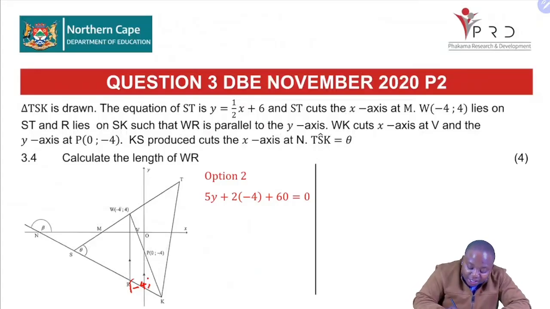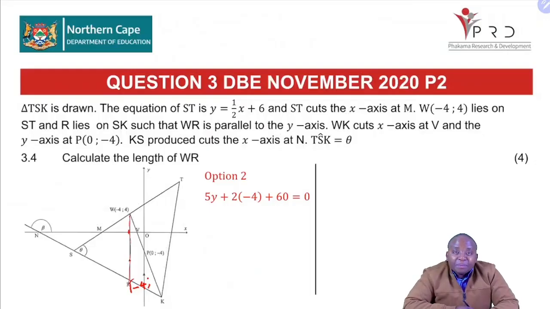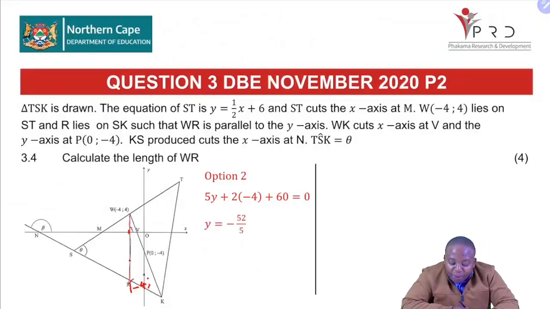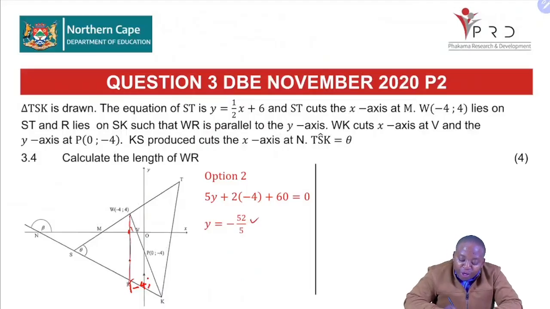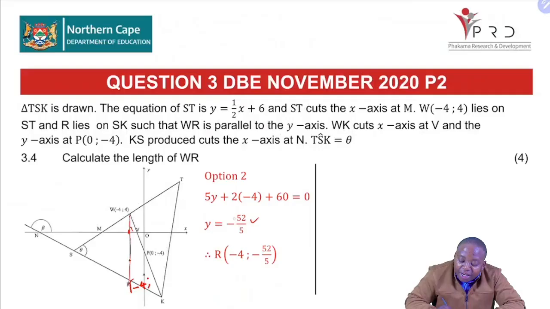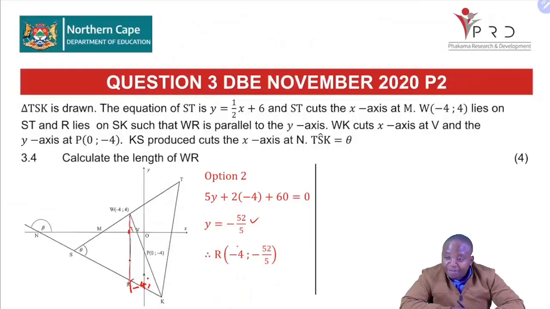That means this x value is the same throughout that line. Then we can find the corresponding y value of R, which is -52/5. So the coordinates of R are -4 and -52/5.